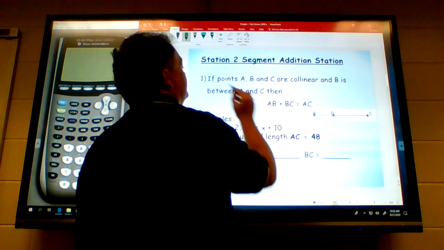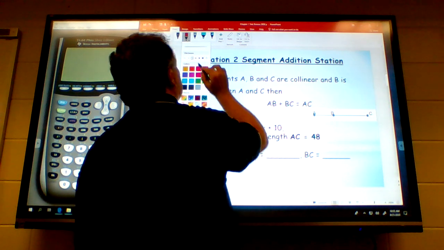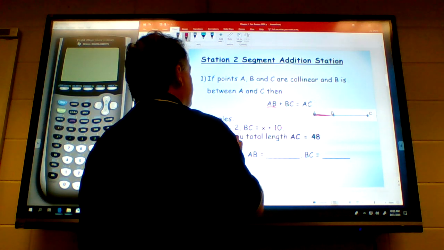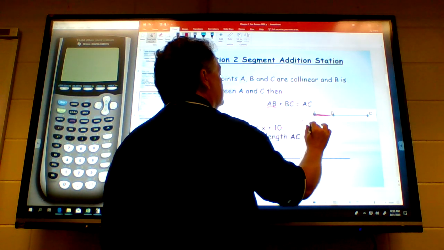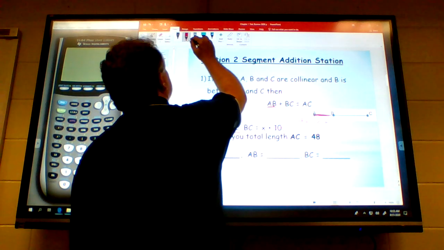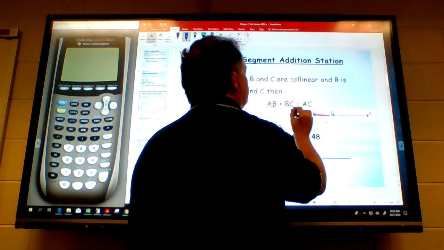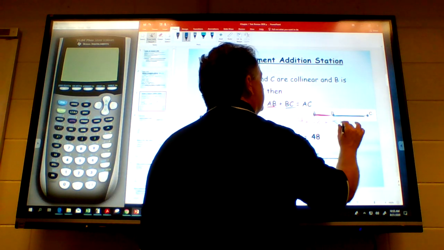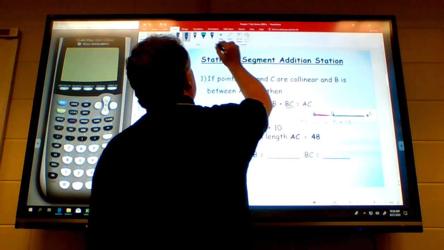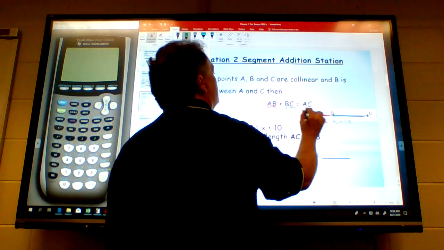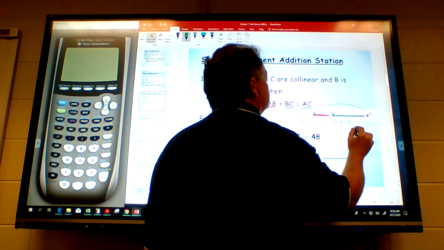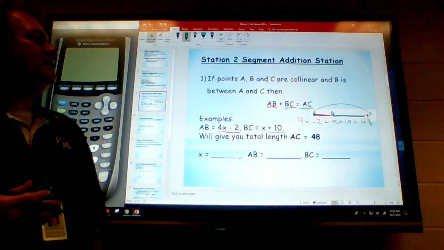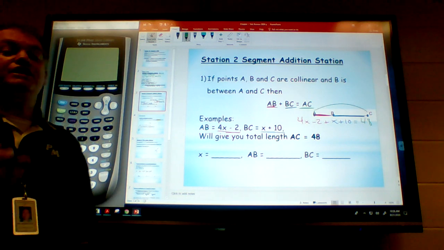So, for example, I have here AB, which I'm going to highlight in red, which has a length of 4x minus 2, plus BC, which I'm going to highlight in blue, which is x plus 10, and that equals the whole thing here, which is 48. All right, so I have 4x minus 2 plus x plus 10 equals 48.